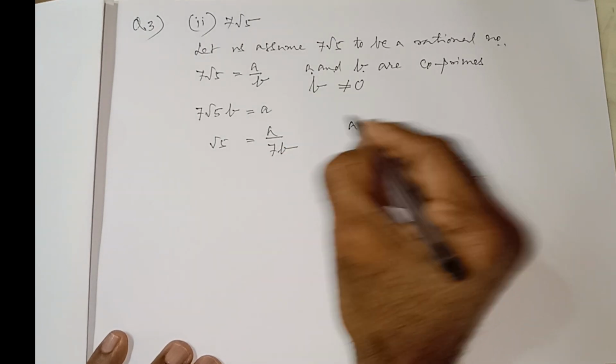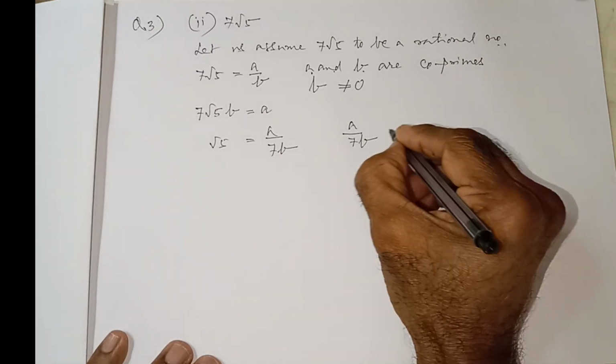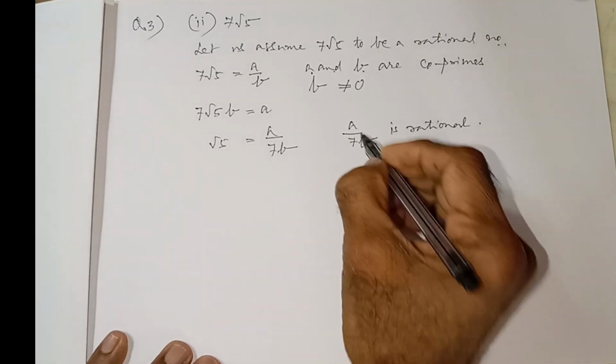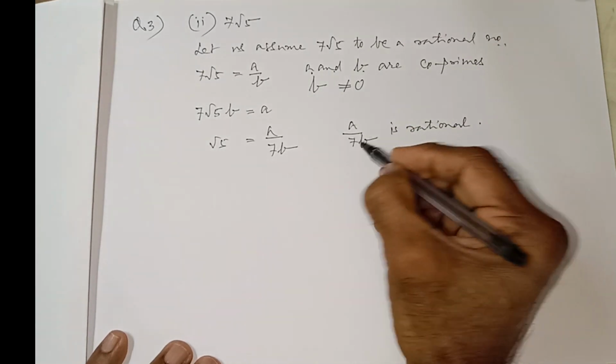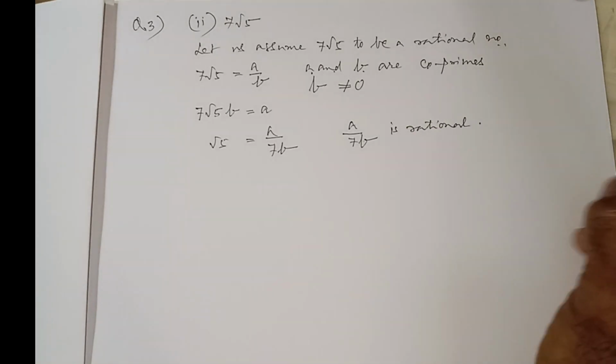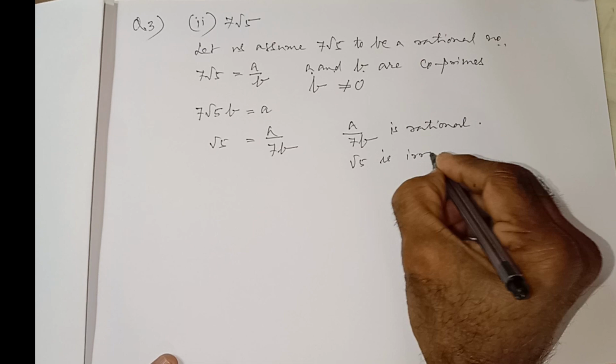The whole RHS, that is a by 7b, is a rational number. It is rational because a, b are integers, 7 is an integer, so the whole thing is rational. We also know root 5 is irrational, which is proved.